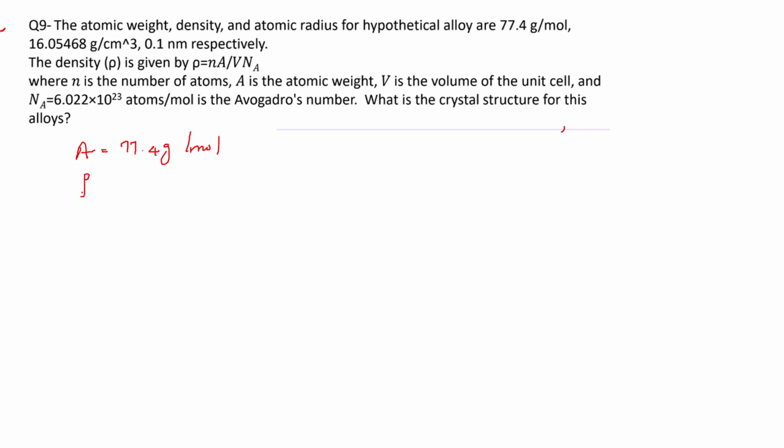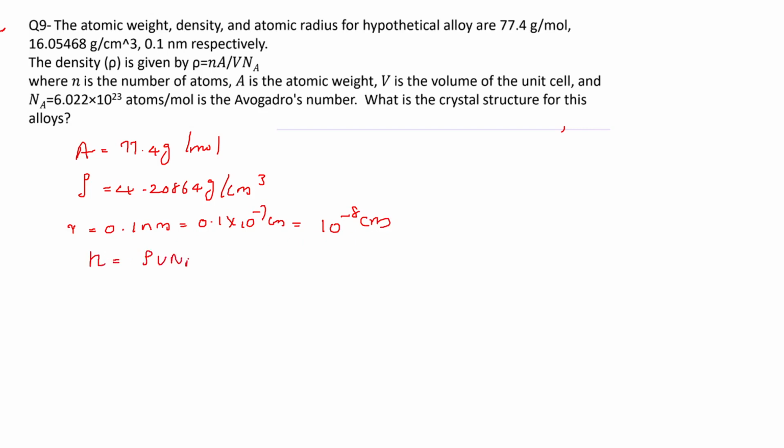Density rho is given, 4.20864 gram per centimeter cube, and R is given as 0.1 nanometer, that is 0.1 into 10 to the power minus 7 centimeter, which you can write as 0.8 centimeter. Now from the formula, find the value of n. n will be rho V N_A divided by capital A. Now what is the volume?